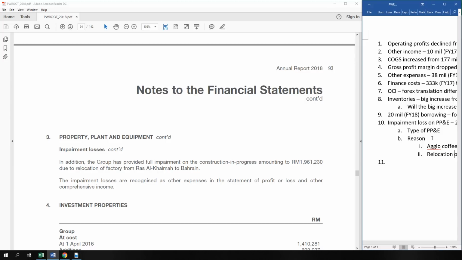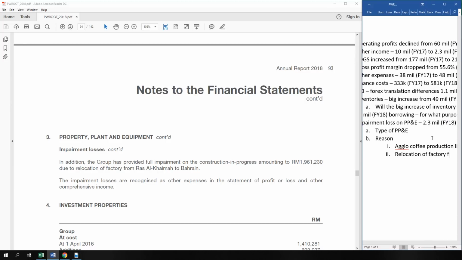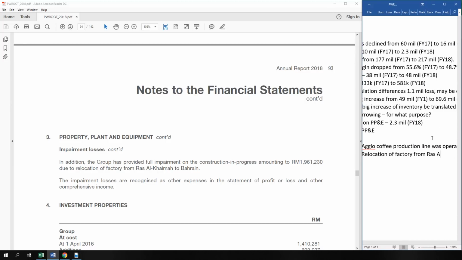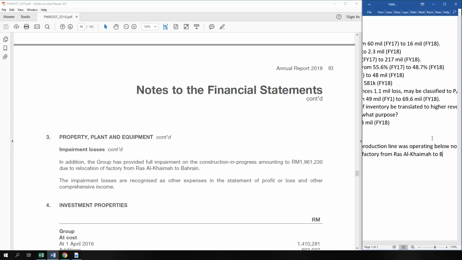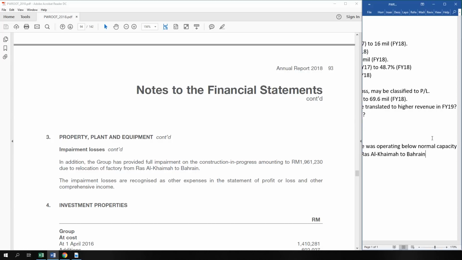Relocation of factory from Ras Al Khaimah to Bahrain. So my question is, what is the reason for relocating?